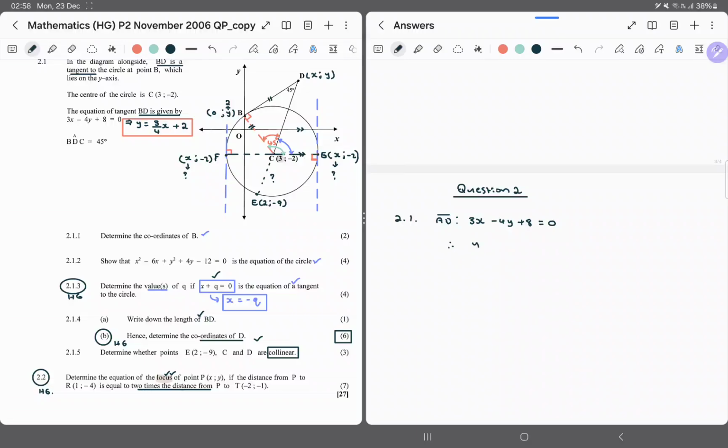You can say therefore y is equal to 3 over 4x plus 2. Right. We can say safely therefore B is going to be 0 and 2. This is the y-intercept. So we know that x must be 0. If you substitute 0 there, we are done. So sometimes you don't need to say too much.